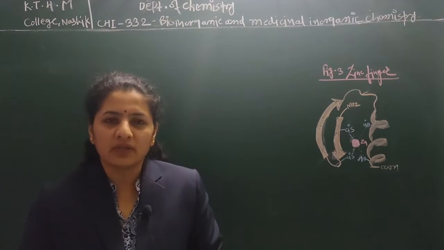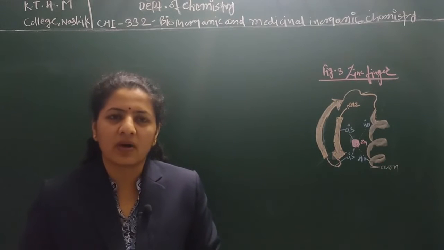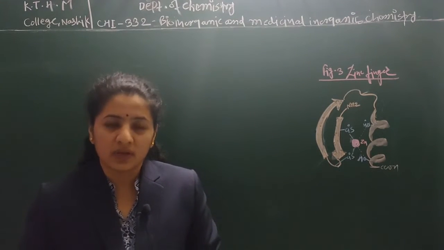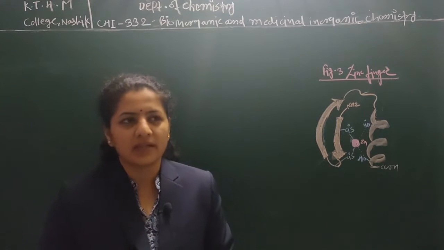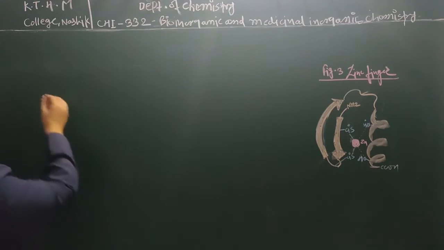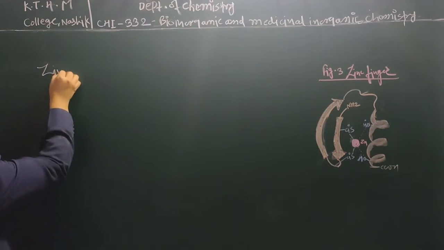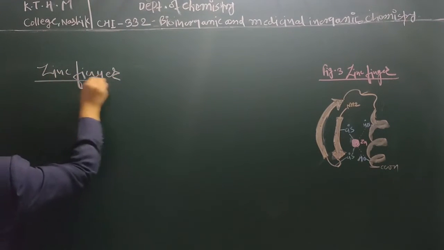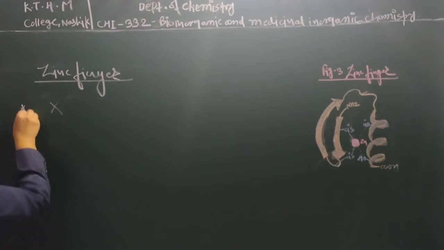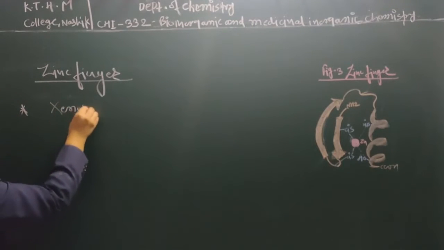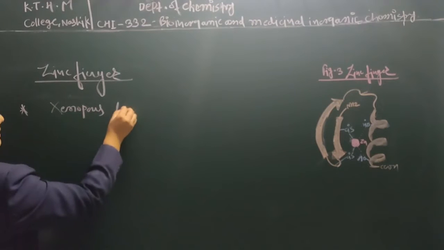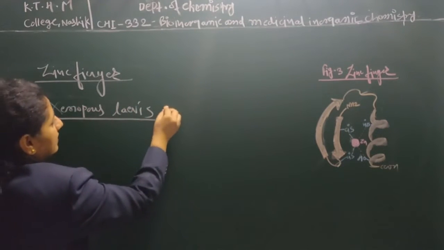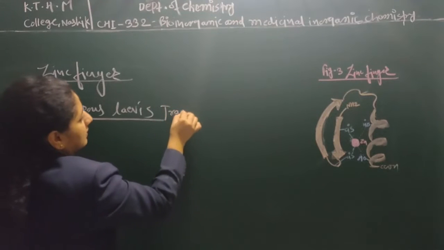Actually, it is a small protein structural motif that is characterized by the coordination of one or more zinc ions in order to stabilize the fold. Originally coined from the name Xenopus laevis, Xenopus laevis transcription factor.